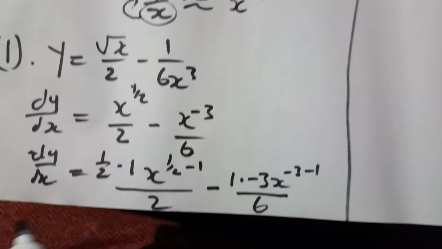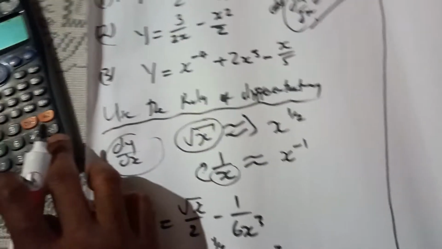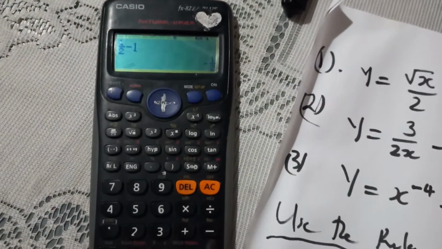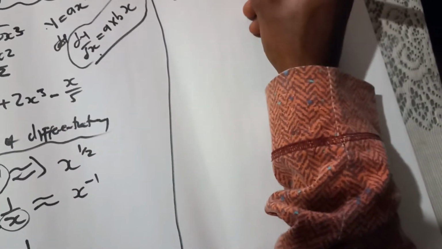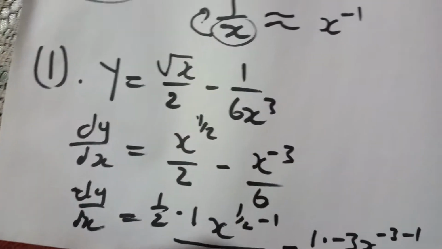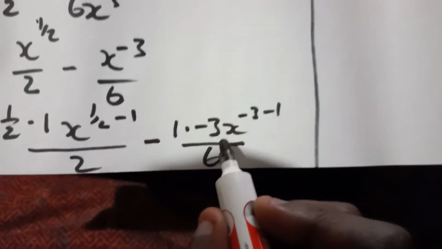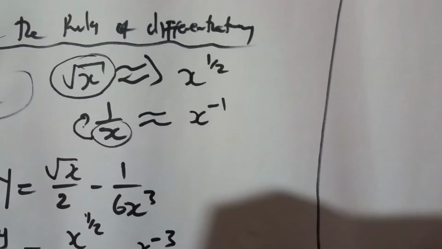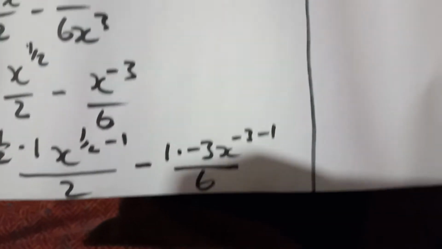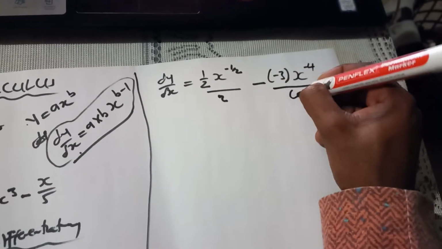Now 1 over 2 minus 1, you get negative 1 over 2, all over, we shouldn't forget the 2, so all over 2, minus 1 multiplied by negative 3, that's negative 3, x to the power negative 3 minus 1, that's negative 4, all over 6.